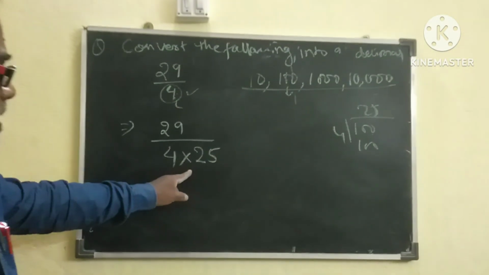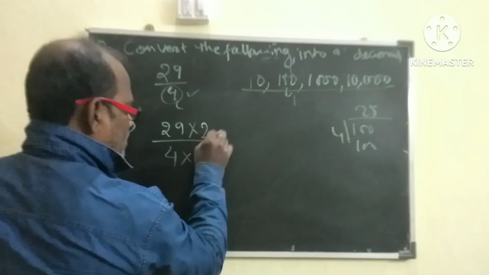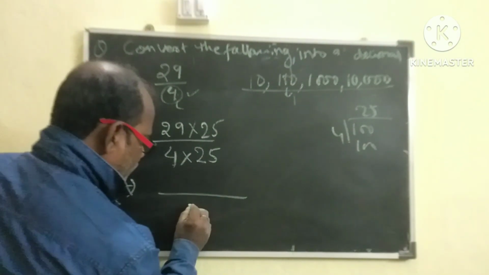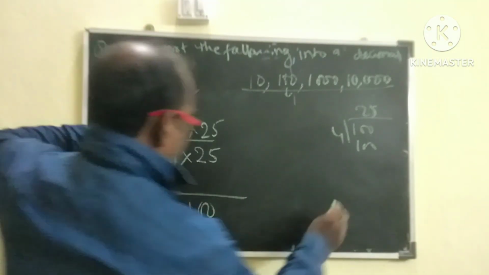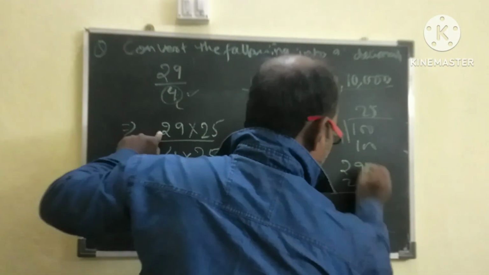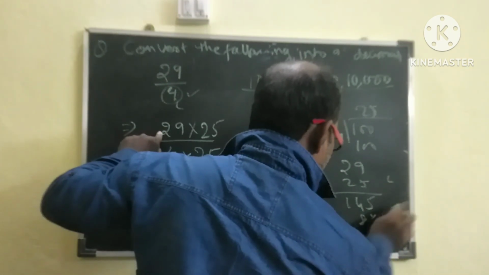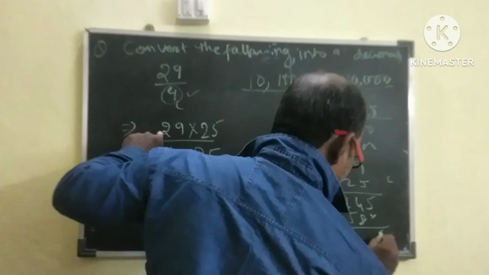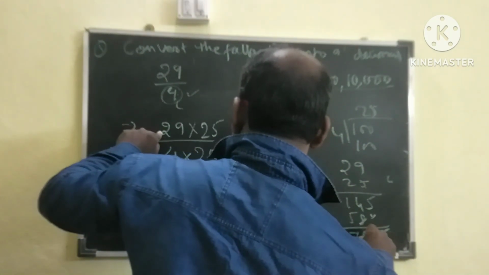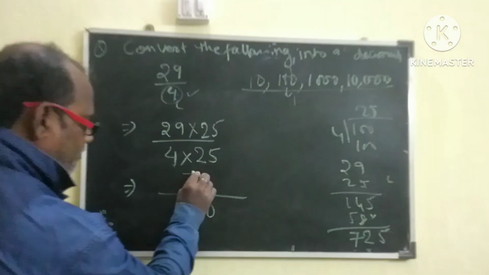So you are multiplying the denominator with 25, and for the equivalent fraction you multiply the numerator with 25. 4 into 25 is 100, and in rough work you do 29 into 25, which is 725.